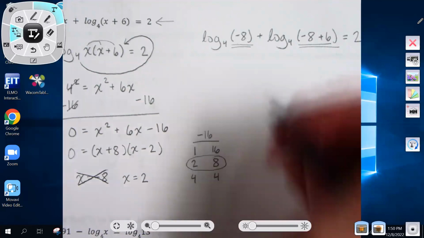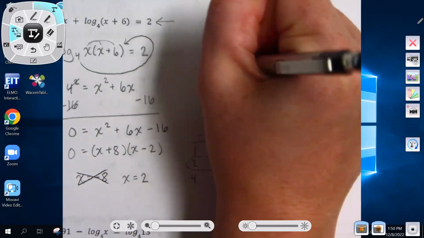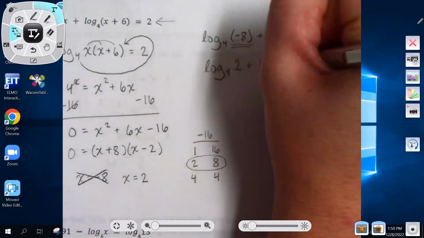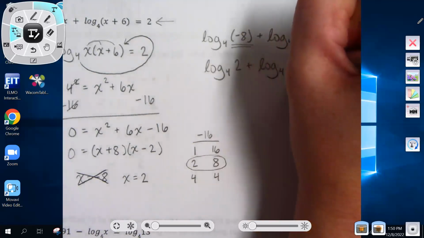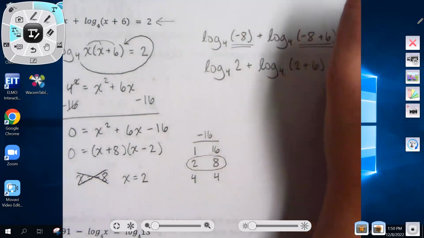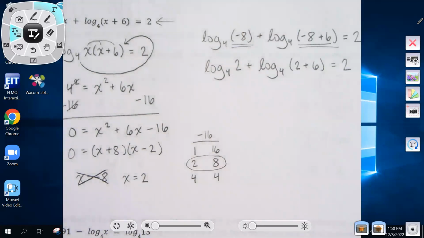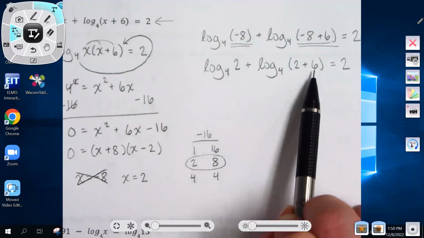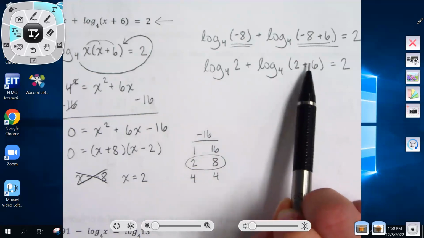But now we need to check x equals 2. So again, we're starting from the very first line of the problem, but instead of x, we're plugging in 2. So we have a +2. We have what turns out being a +8.